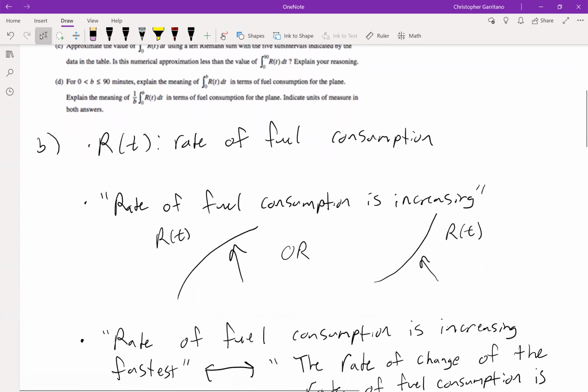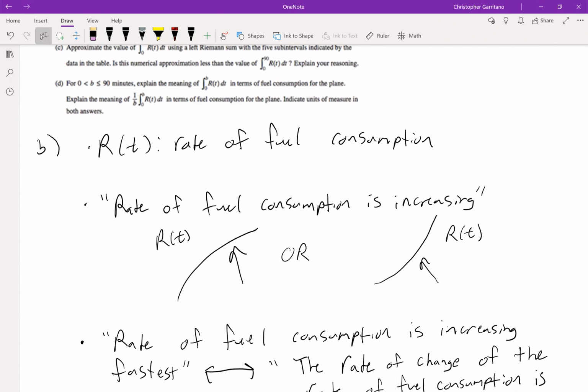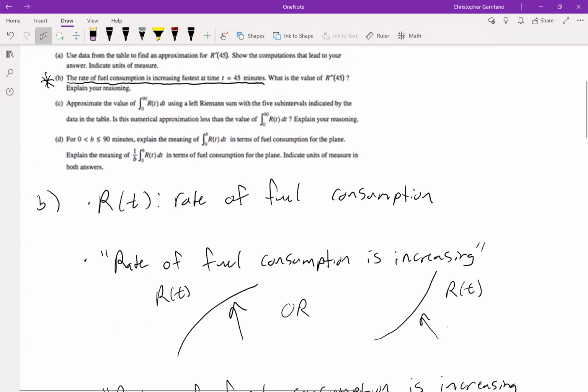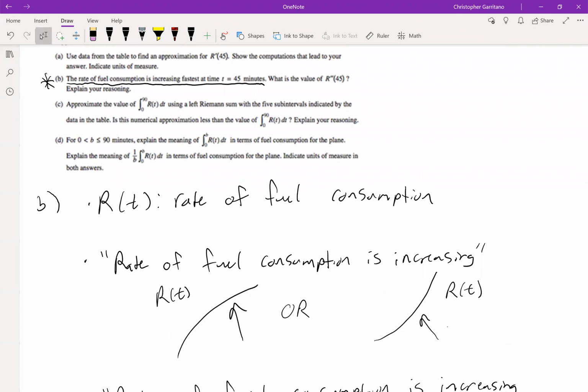It then adds the word fastest. So the rate of fuel consumption is increasing fastest. Now this introduces a speed element, or a rate of change element, into our rate of change function.